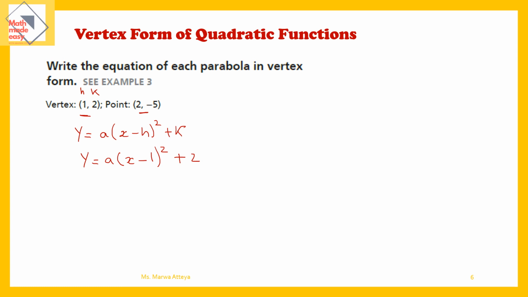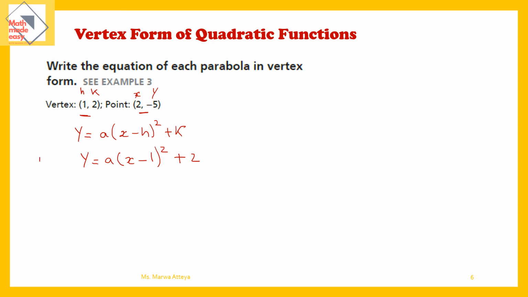This point represents one of the points on the graph, and that point has an x coordinate and a y coordinate. So I can actually substitute for x and y by these values after I found this form. Then, using that, I will only have one variable in the equation, which is the value of a, and I can find it. So let's substitute.